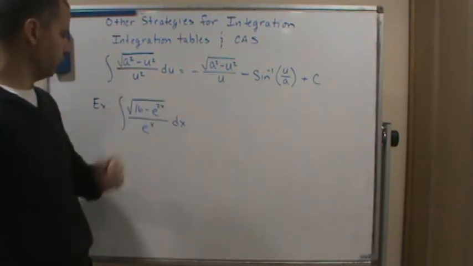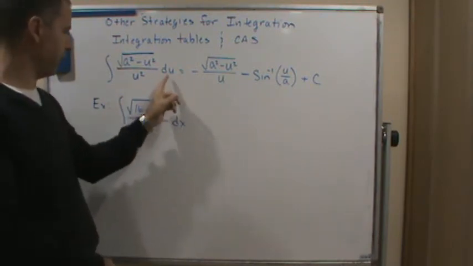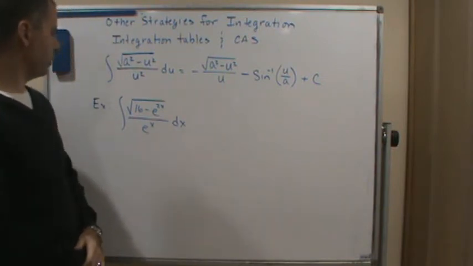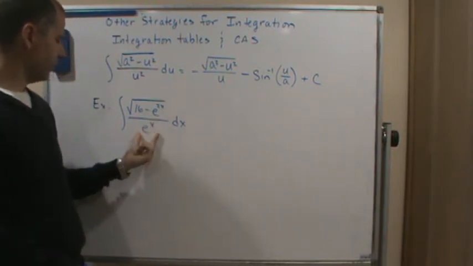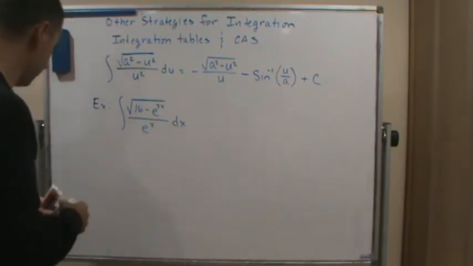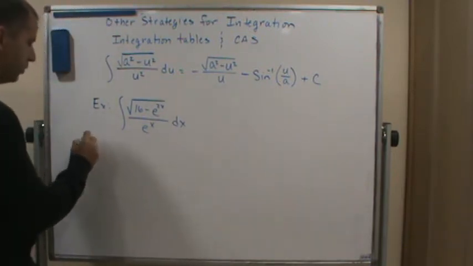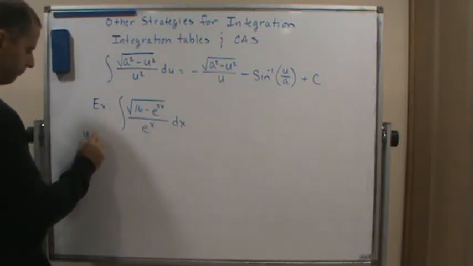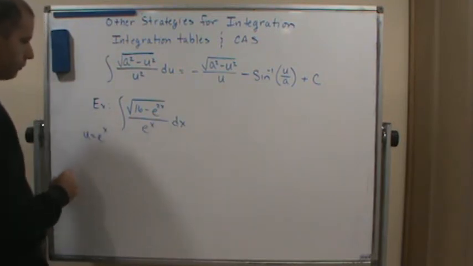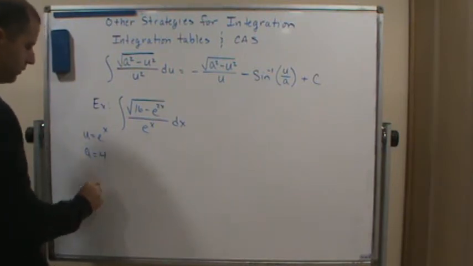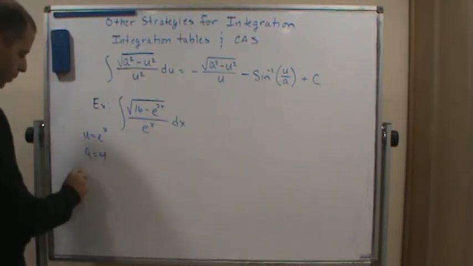Also, we have this du, so keep in mind that we also have to fit this du here. The only thing I notice is that we don't have e to the 2x here, so it doesn't match. But let's see what our u substitution would look like. u seems to be e to the x, and a is 4.